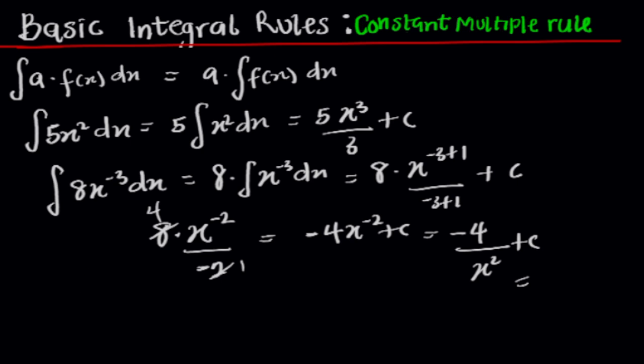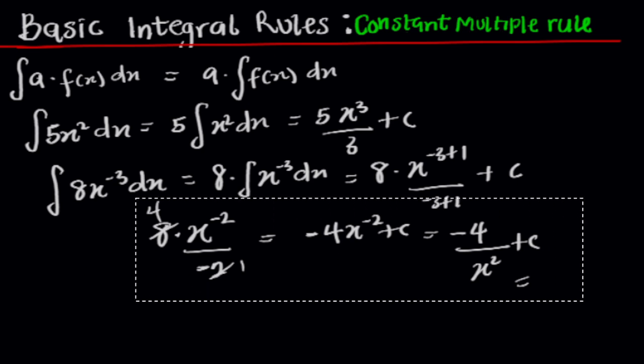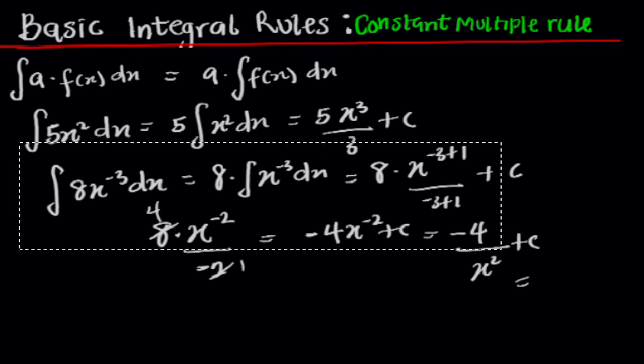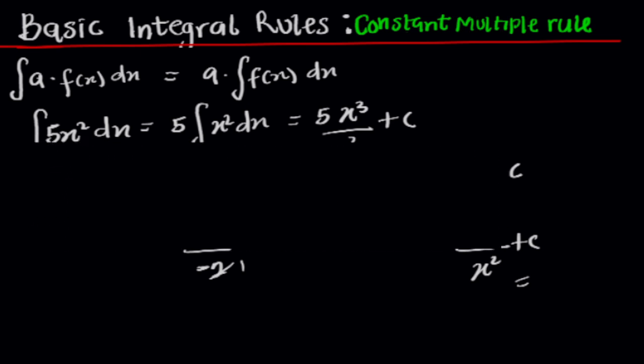Now let's say we have another question. Suppose we are asked to integrate the integral of 12x power minus 2 dx. It's very simple as well. So here we bring out the 12.